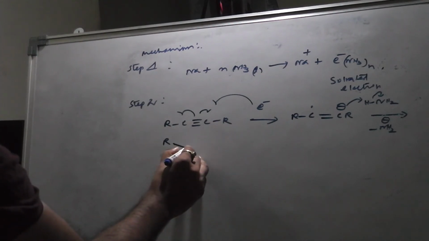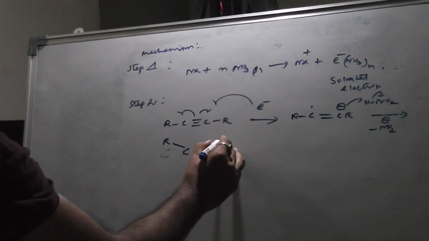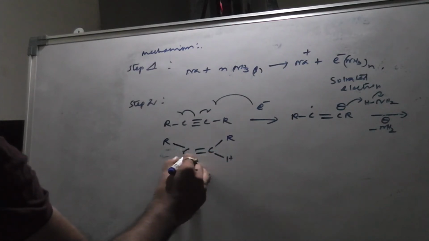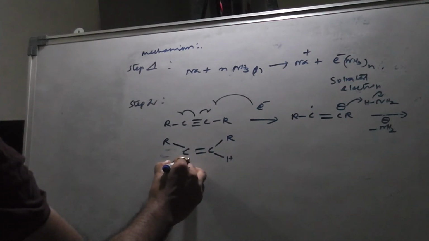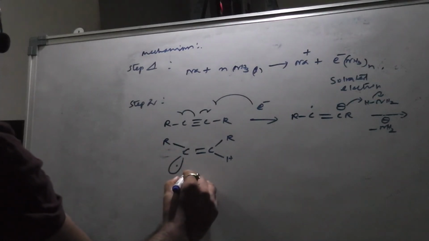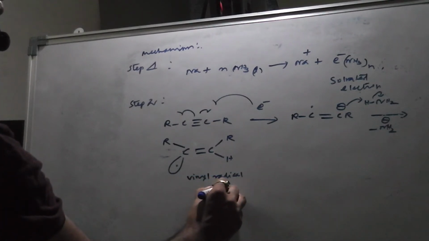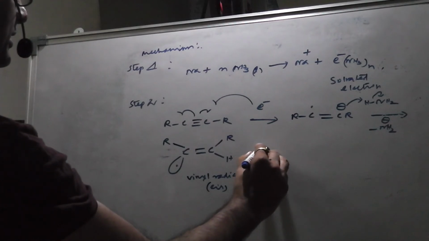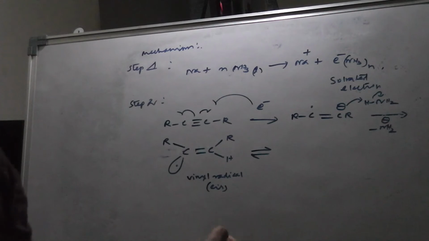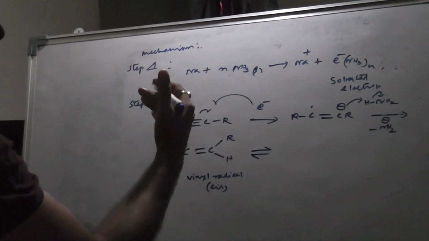We have to write it in a different way. I will write the structure, then you will understand. R bond C double bond C bond R, bond hydrogen, with a radical. This is the vinyl radical, cis. Now this will be in equilibrium with the stable trans vinyl radical, where R and R will not interact, because R and R are bulky groups.